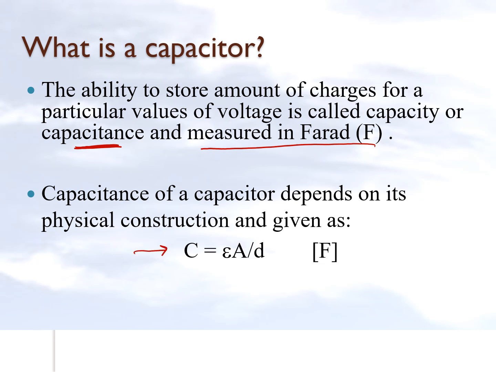You can see that the capacitance is proportional to the surface area of the two plates. So if I have larger plates, this means that I have higher capacity to save charges, but the capacitance is inversely proportional to the distance between the two plates. Also, the capacitance depends on the permittivity of the dielectric between the two plates.